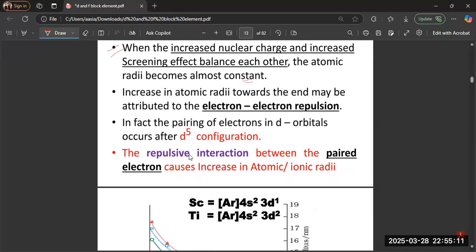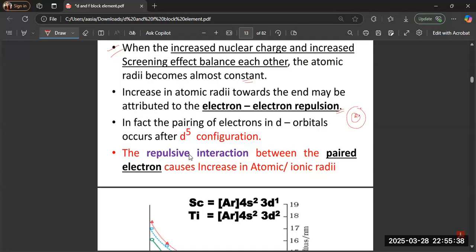Now see, the increase in atomic radii towards the end may be attributed to the electron-electron repulsion. So why at the end of the period does the atomic radii increase? Due to the electron-electron repulsion, it increases.